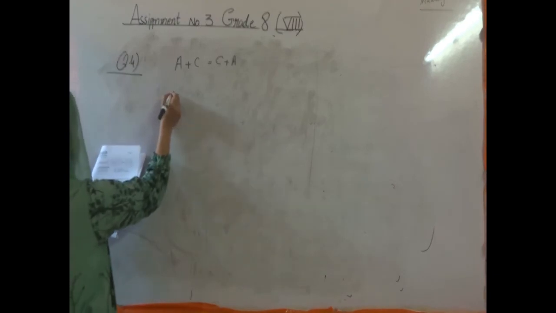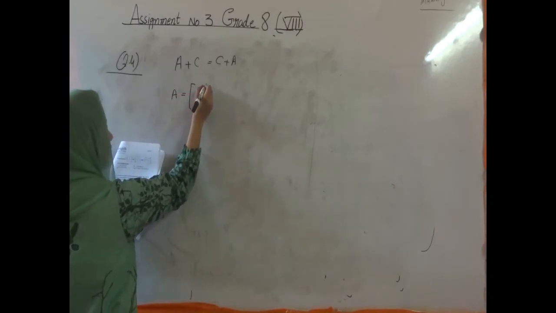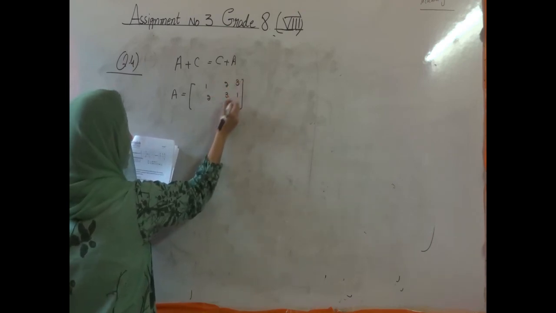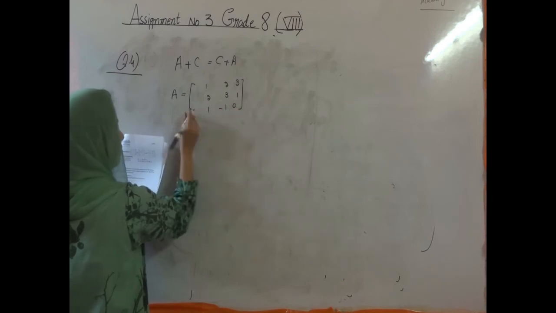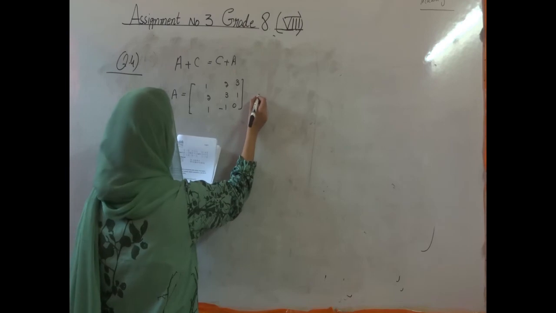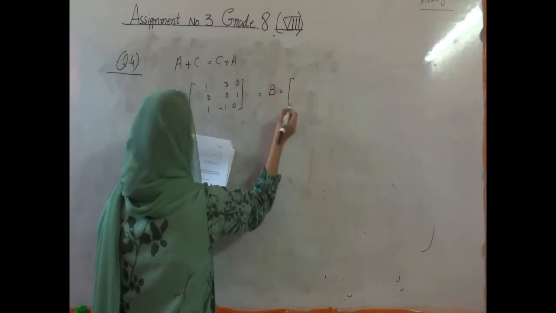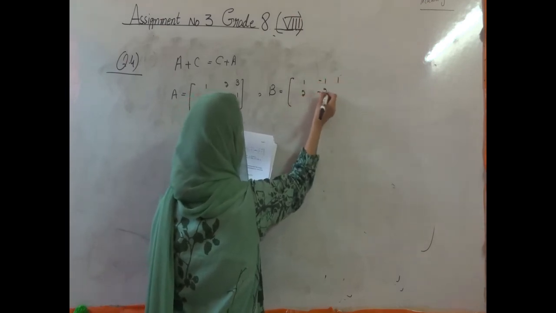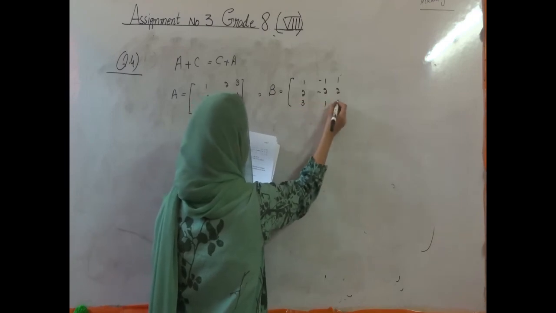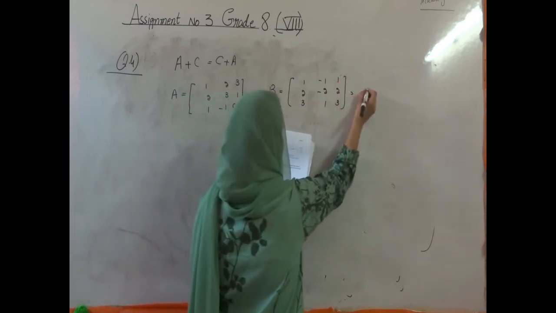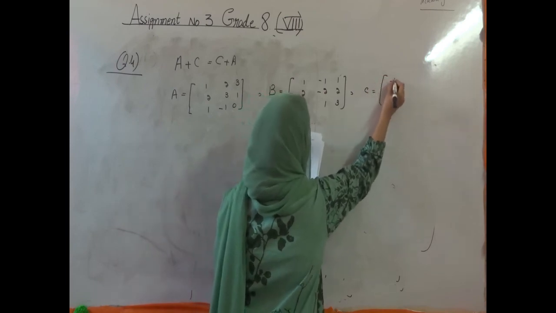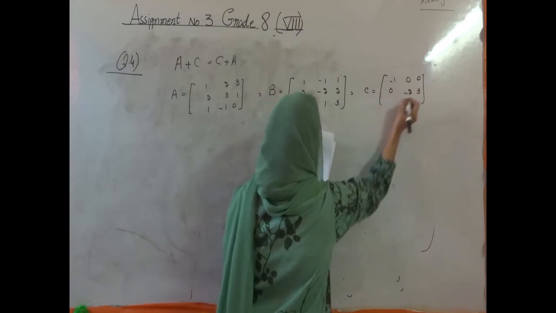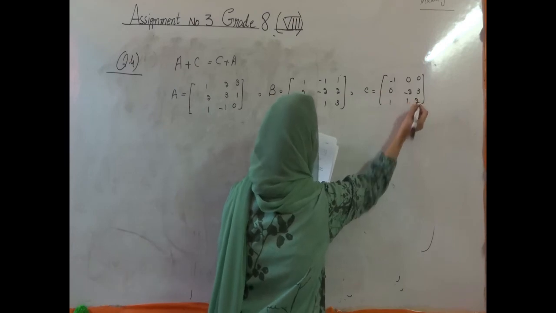Let's suppose the given matrix A is 1, 2, 3, 2, 3, 1, 1, minus 1, 0, and the B matrix is 1, minus 1, 1, 2, minus 2, 2, 3, 1, 3, and then the matrix of C is minus 1, 0, 0, 0, minus 2, 3, 1, 1, 2.